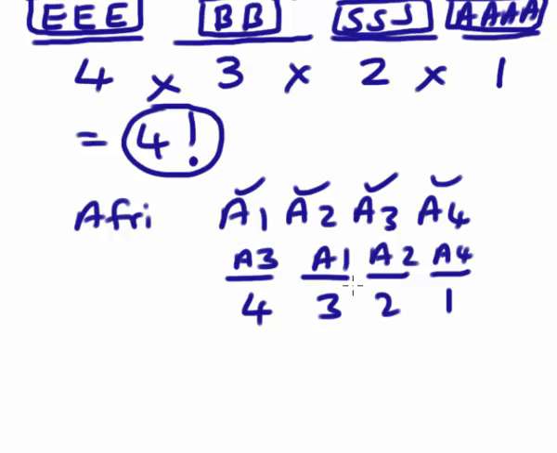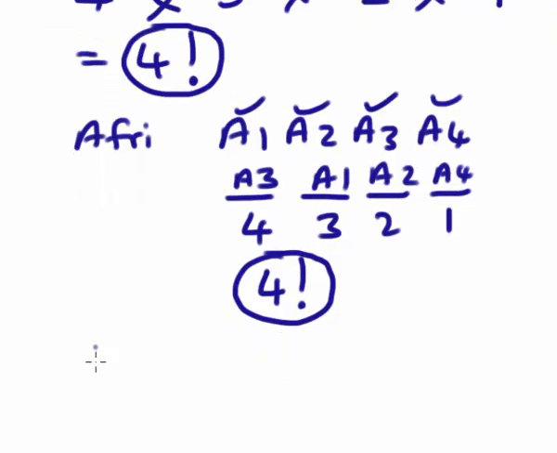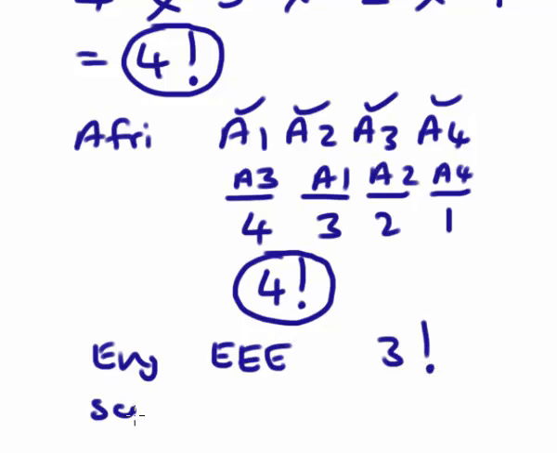But remember, this object is in that last space on the shelf, which occupies the last 4 positions where the books can go. So this is 4 factorial ways. So the Afrikaans books can be arranged relative to each other in 4 factorial ways. What about the English? Well, there's 3 English books. They can be arranged in 3 factorial. What about the science?